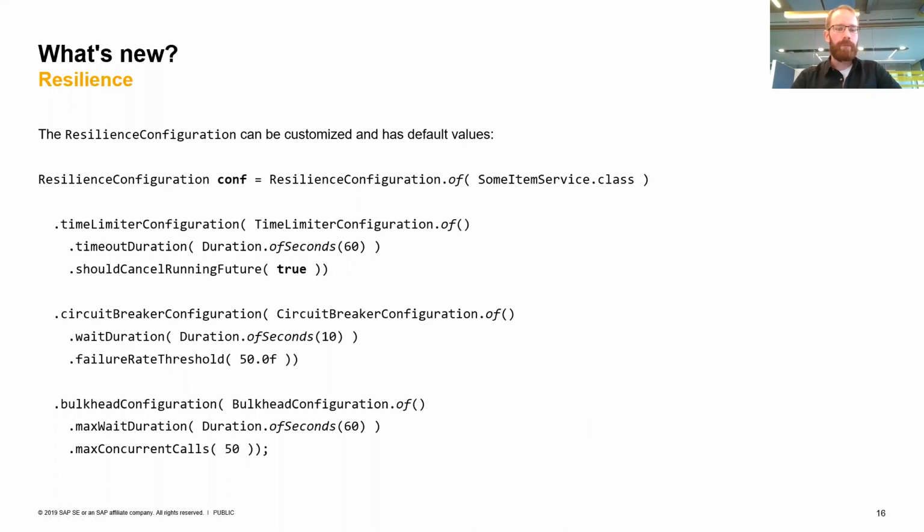Okay, now up to the configuration itself. What you see here are the default values that we have for the different configurations, as well as the way that you would provide your own configuration if you wanted to. So for example, if you say, okay, a time limit of 60 seconds for my system is not good enough, I need 5 minutes, then you could easily use the code that you see here.